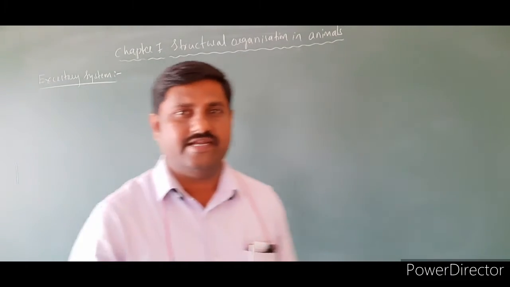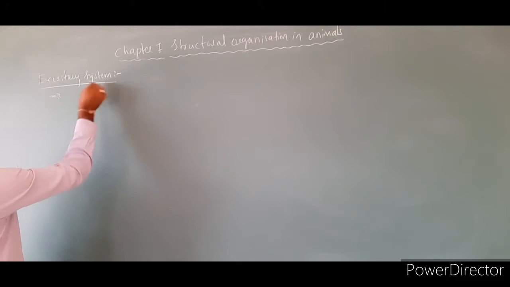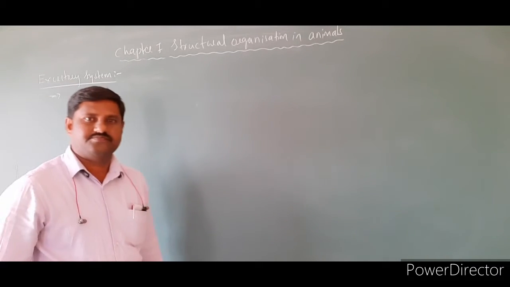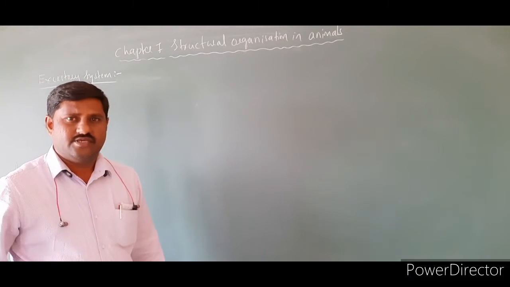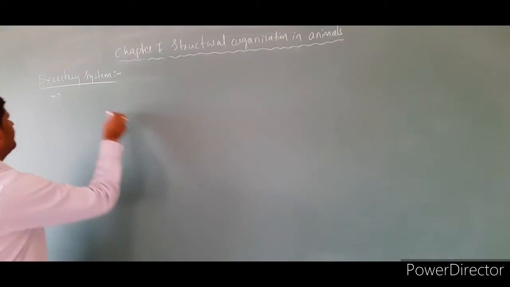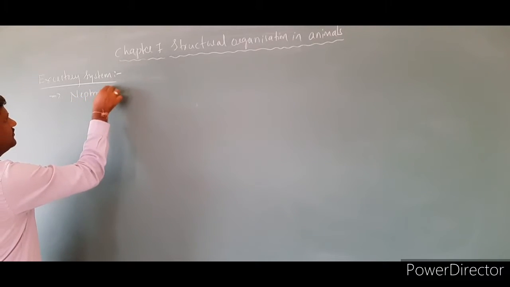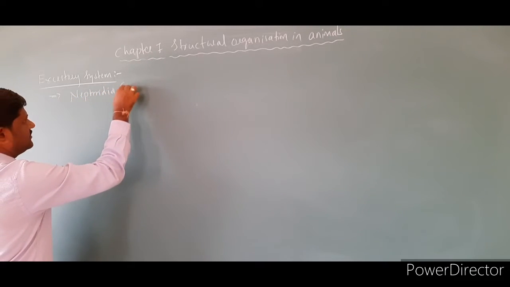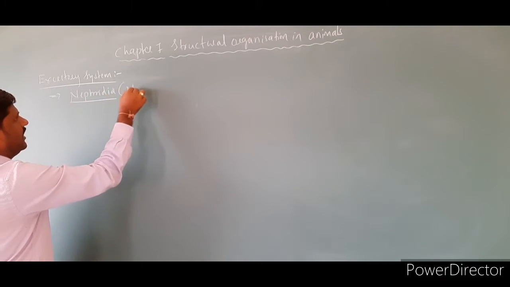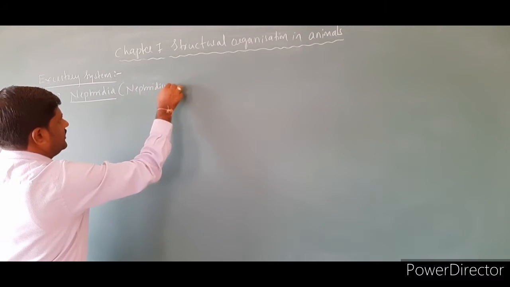So let us see the excretory system in earthworm, mainly consisting of the nephridia. Nephridia is plural and nephridium is singular.